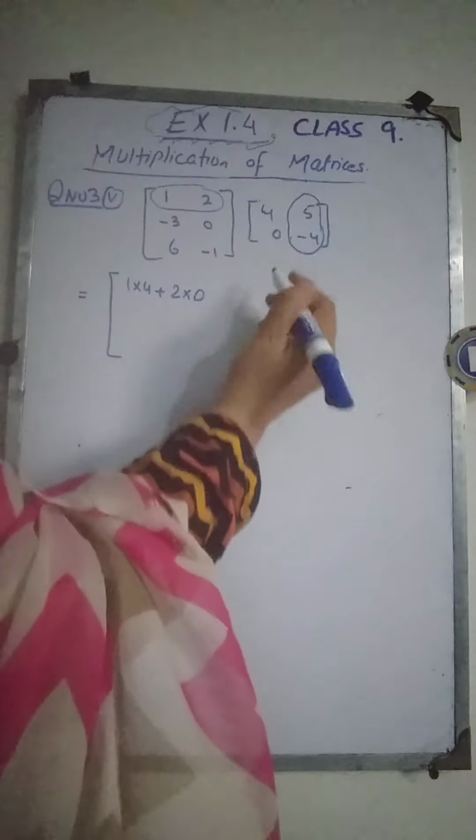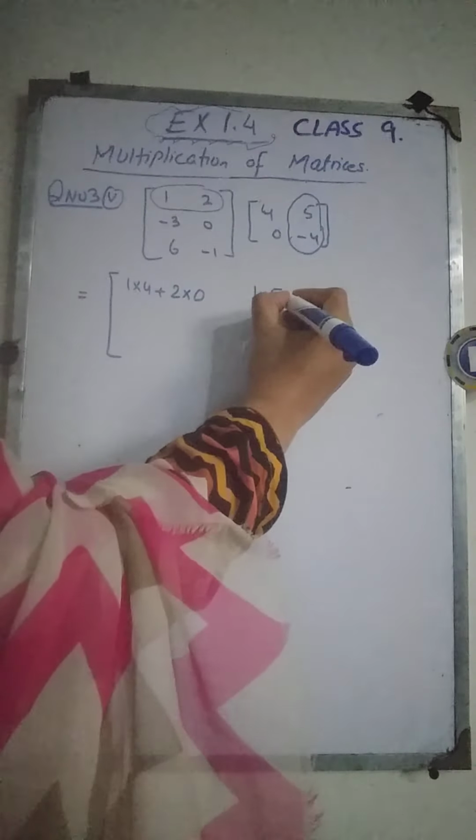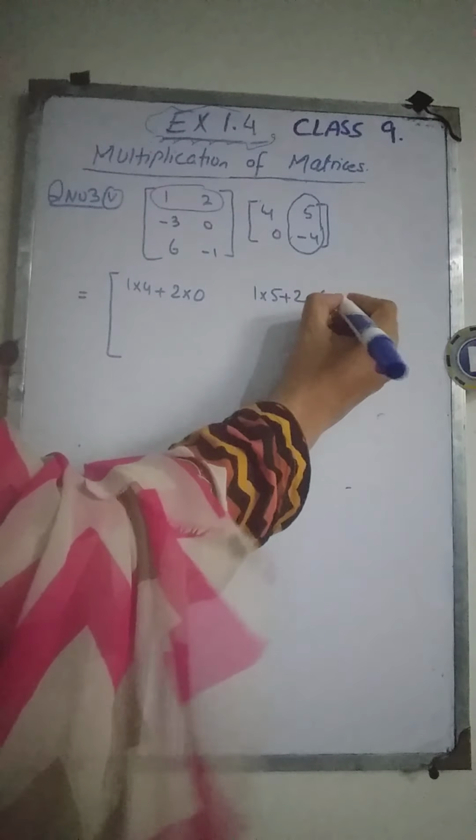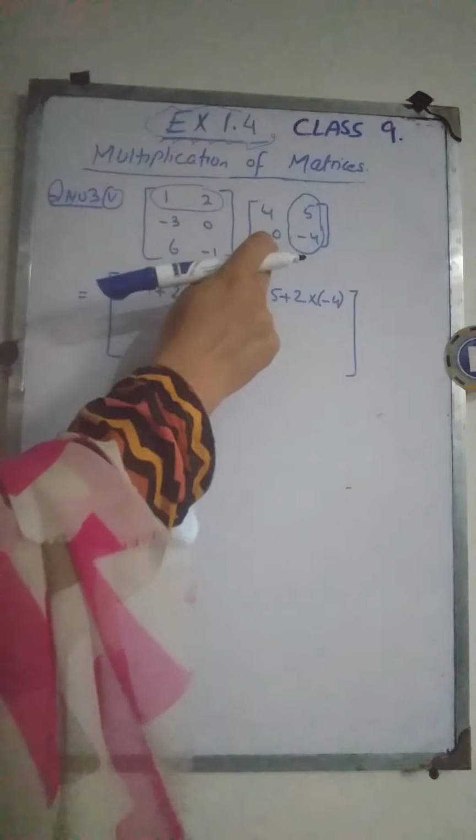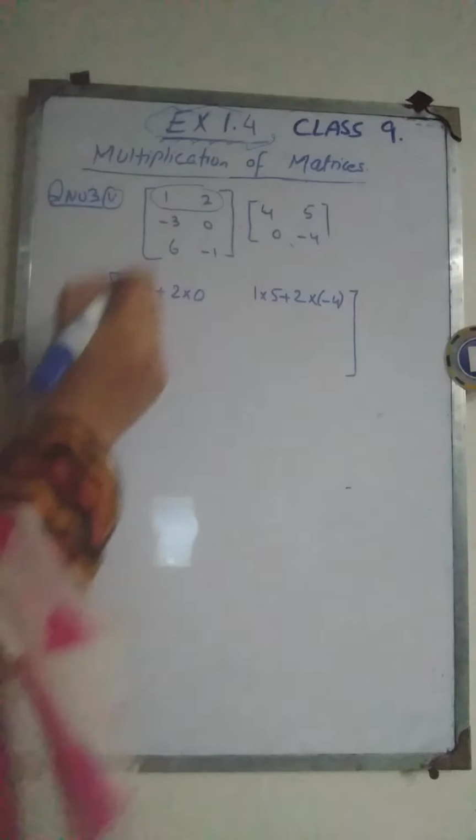Now we are going to pick the first row and multiply it with the second column, as we have done before. 1 will be multiplied with 5 plus 2 into negative 4. Now the first row is multiplied with the first column to get this result. Then we have multiplied the first row with the second column. Now, as there are no more columns, we will start our work with the second row.